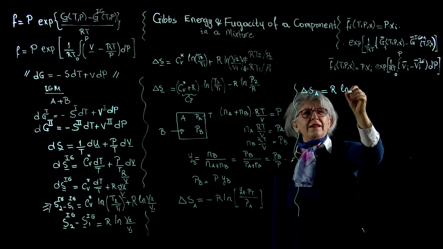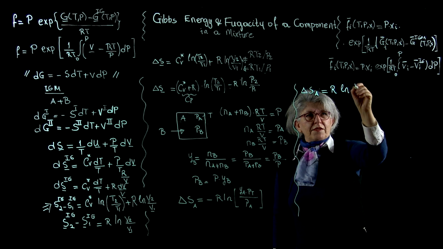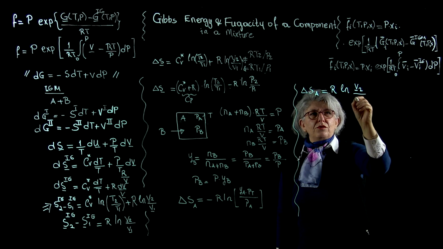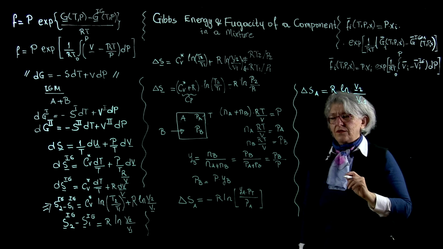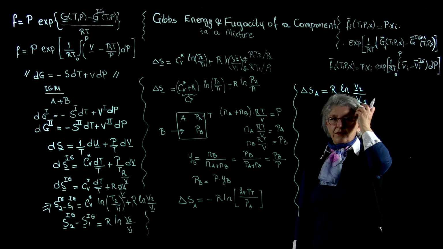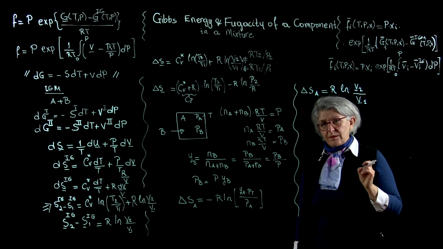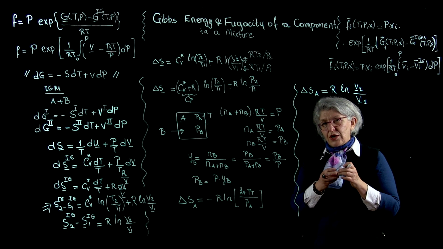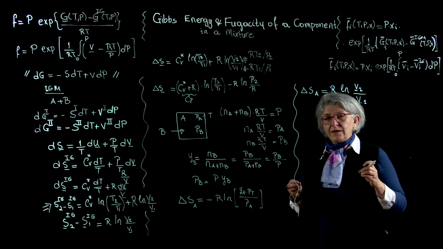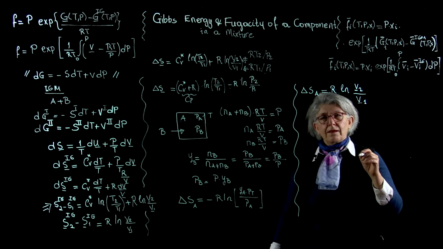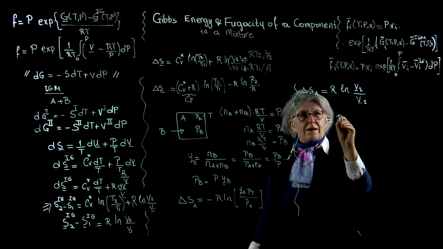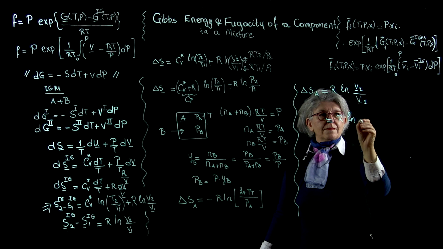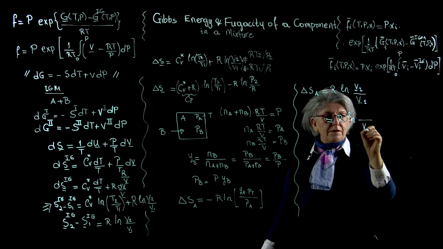R ln volume of this component in condition 2 divided by volume of this in component 1. So since I'm going to do this at constant pressure, the total volume occupied is going to be constant. R ln, initial volume will be V1.